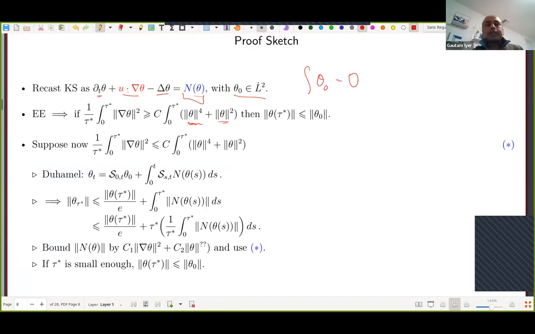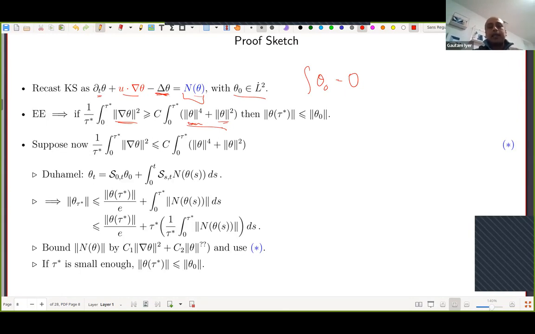Play with this a little and you see the following: if what I get from the positive term, the norm of gradient theta squared on the left, beats what I get from the nonlinearity on the right, then the L2 norm decays. This is just like energy estimates directly.